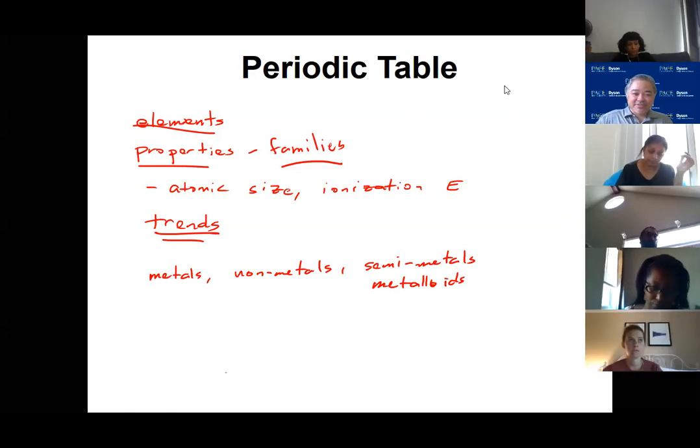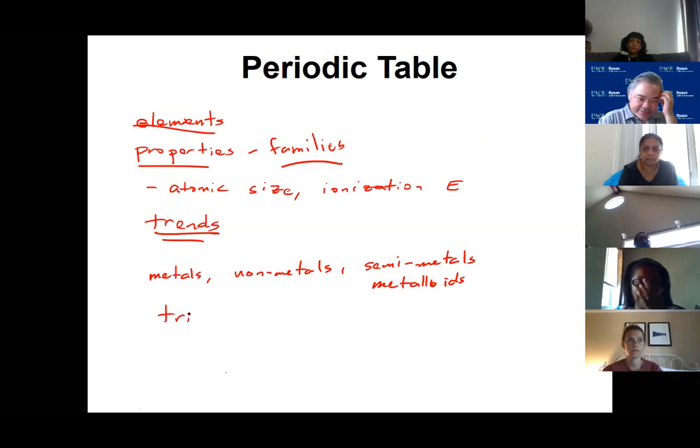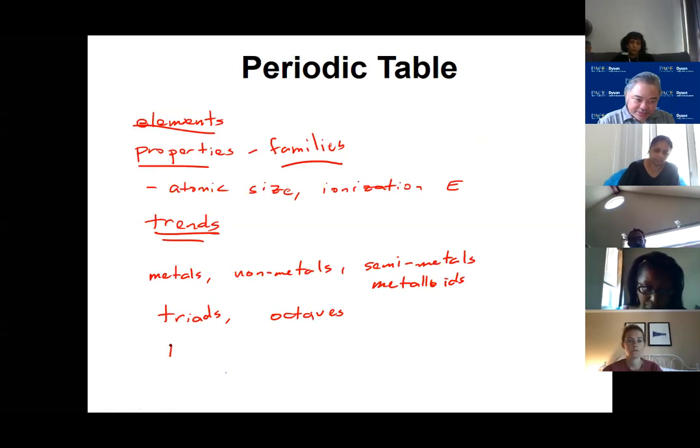Okay. I don't know how in-depth you are in discussing it at the high school level, but you could also include there the concept of what? The triads, the octaves, and then the personalities that are involved, Mendeleev versus Meyer.